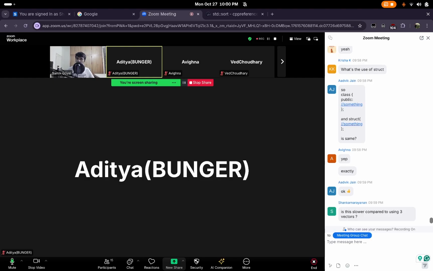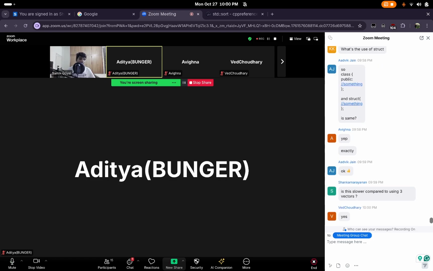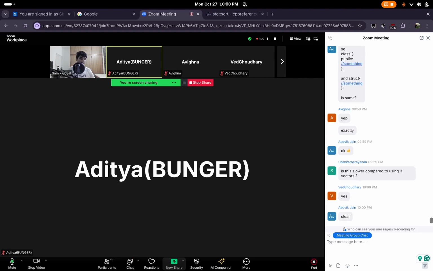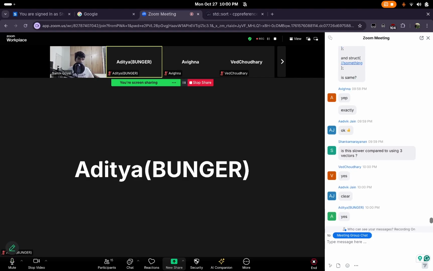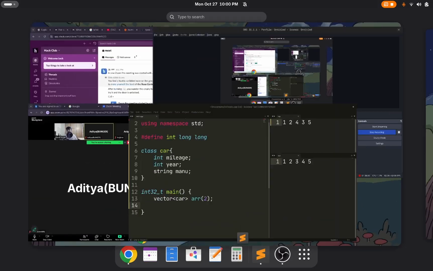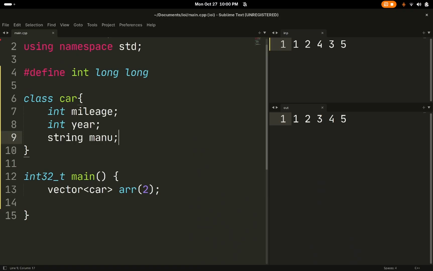So, do people get this? Because this is C style structs. I haven't talked about the C++ specific features yet. Do people get this much? Like what a struct is? Okay, cool.